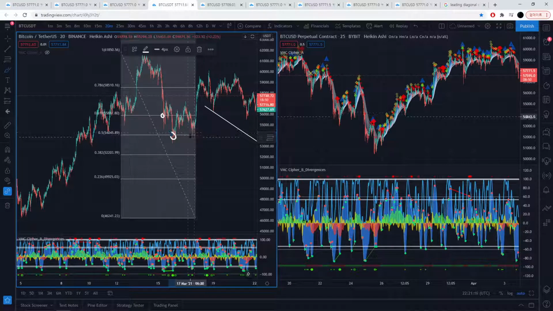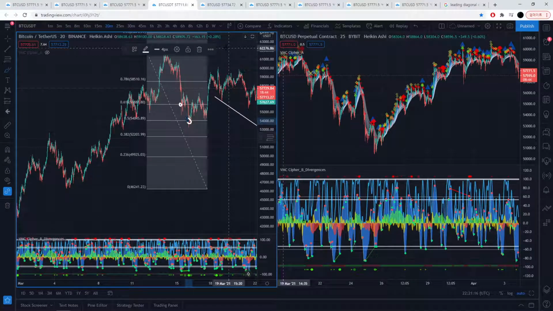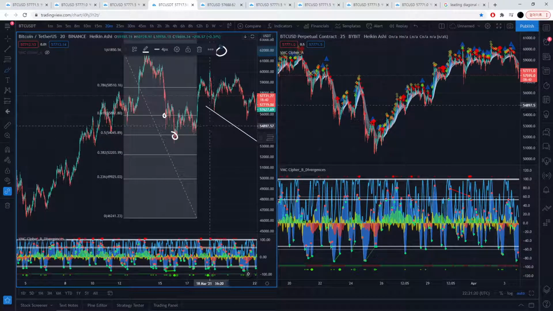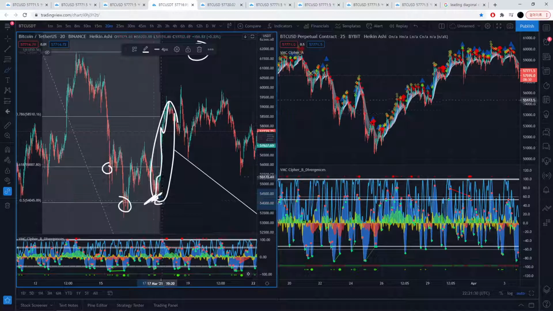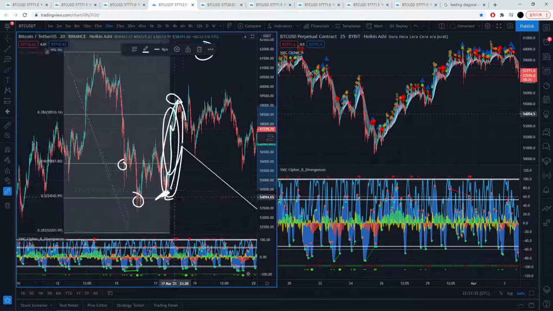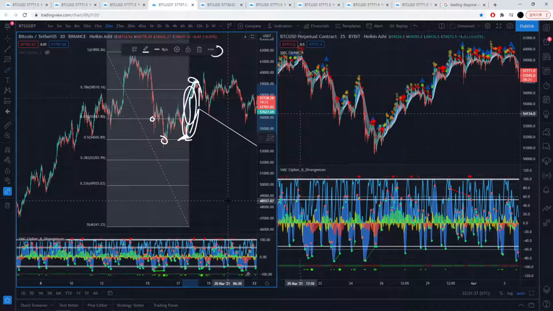It bounced back. Okay, so now it seems like the trend has changed and it's gonna go up. So you can wait until it comes back here and then take the rest of your profit, or you see that it's a clear impulse, meaning a new trend has started. So you would probably take the rest of the profit here or midway here.